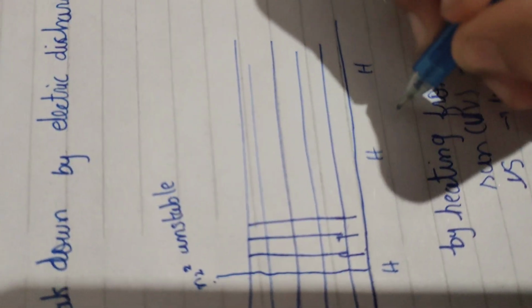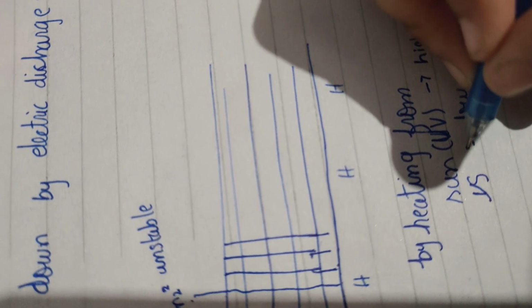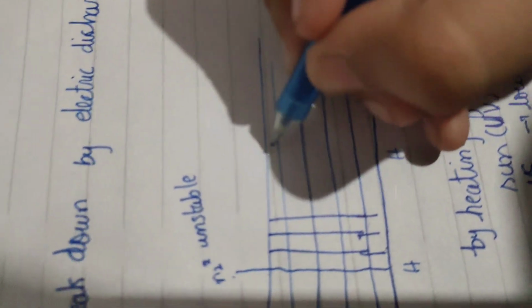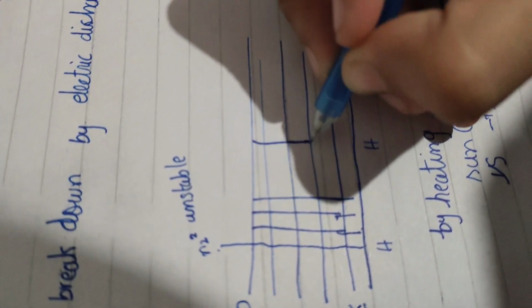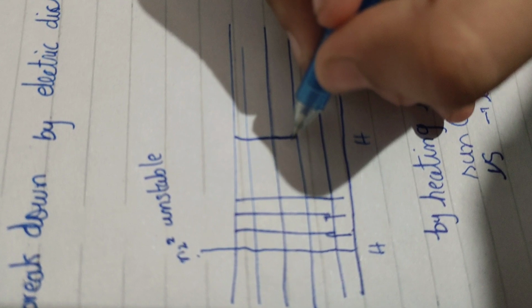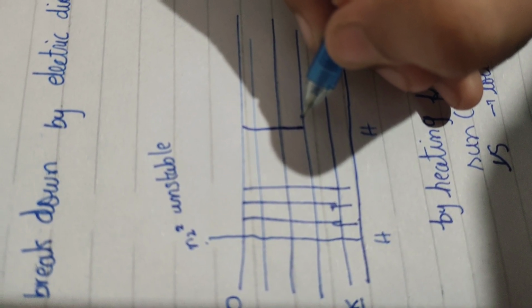So if we give the heat from visible light, what will happen? The electron will get excited and they'll come back. When they come back, they will be at the L shell now.